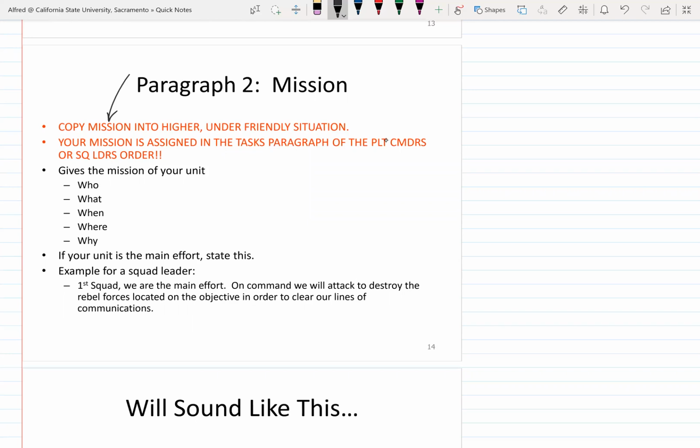And when he tells you mission, that is your higher unit mission. So when you're recording this down in your skeleton, don't put that in your mission, because what's going to happen is you're going to write it and then halfway through you're going to say, oh shit, I messed up. And then you're going to realize that now you don't have enough room to write your mission in the mission spot. When he's reading mission, you need to put that in the higher unit mission above.